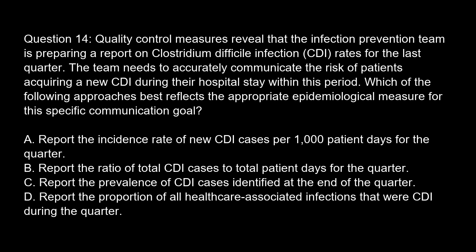Option A. Report the incidence rate of new CDI cases per 1,000 patient days for the quarter. Option B. Report the ratio of total CDI cases to total patient days for the quarter. Option C. Report the prevalence of CDI cases identified at the end of the quarter. Option D. Report the proportion of all healthcare-associated infections that were CDI during the quarter.